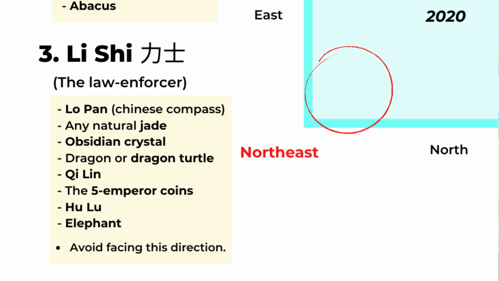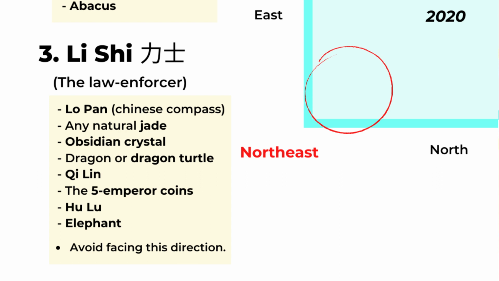So we can display some Feng Shui cure such as 罗盘 or the Chinese compass because there's a lot of 八卦 and 易经 symbols on a 罗盘, so it has a power for protection. Or you can display any natural jade or any crystals here to bring up the positive energy.